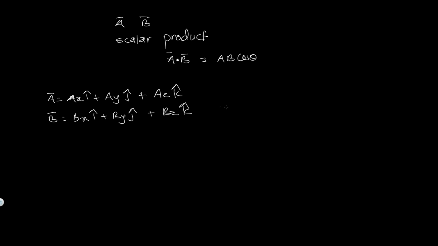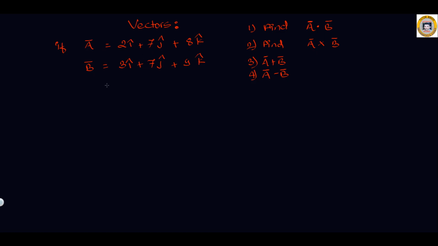I can have the scalar product of these vectors as a dot b, which is ab cosine theta, which is also equal to ax bx plus ay by plus az bz. In this way we can find the scalar product of given vectors if they are given in terms of i, j and k.